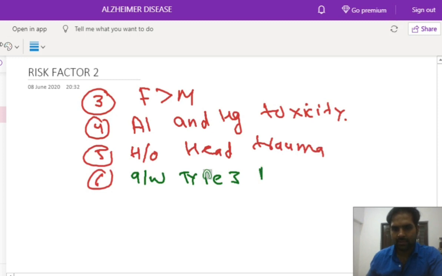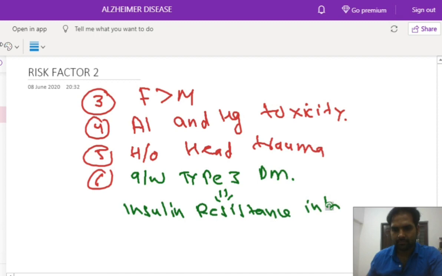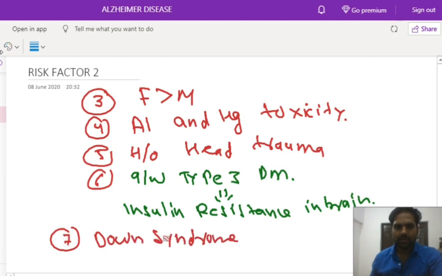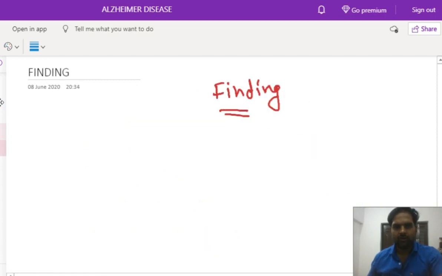Type 3 diabetes mellitus is equivalent to Alzheimer disease, because it causes insulin resistance in the brain. The other risk factor is Down syndrome. If a patient with Down syndrome has Alzheimer disease, in the future it will lead to presenile dementia.